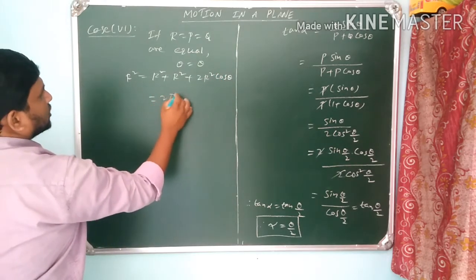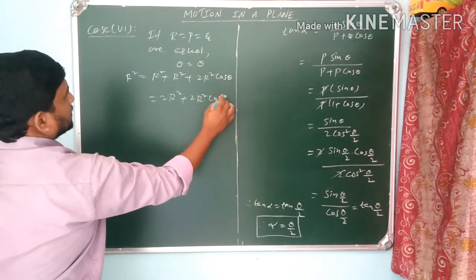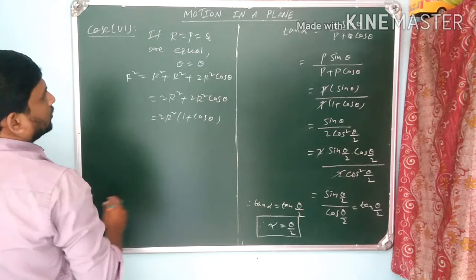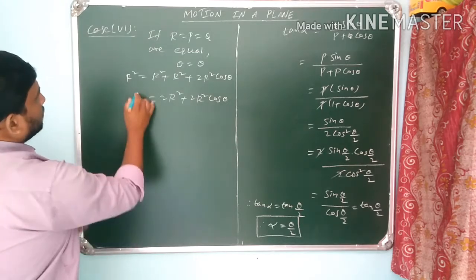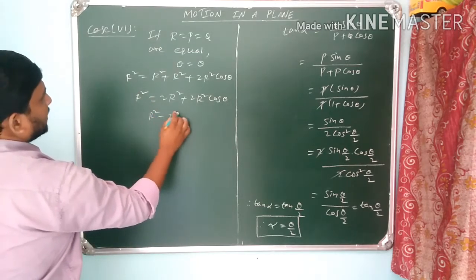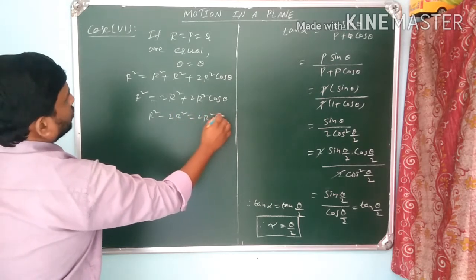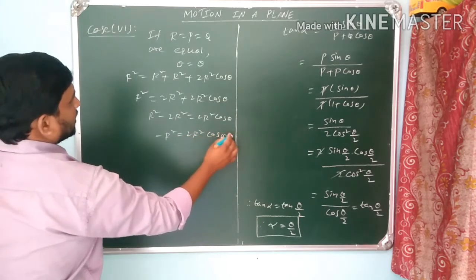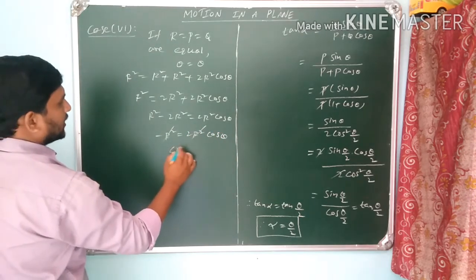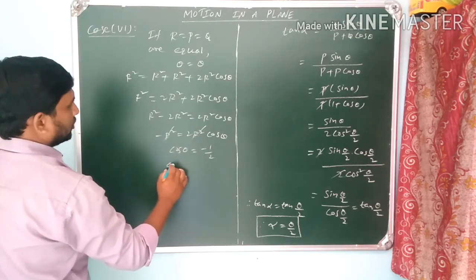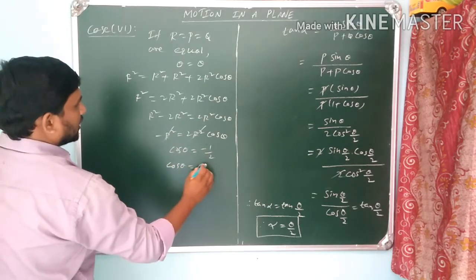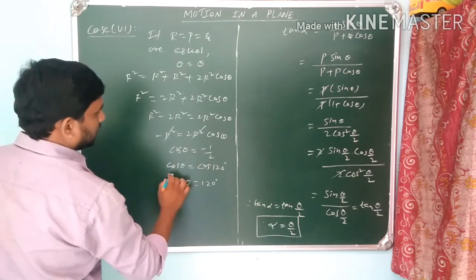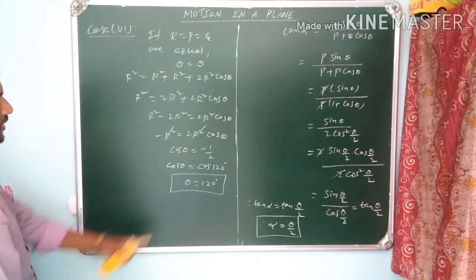We take 2R square common, we are getting 1 plus cos theta. Here, when you bring the R square to the left hand side, R square minus 2R square is equal to 2R square cos theta, minus R square is equal to 2R square cos theta. R square gets cancelled. Cos theta is equal to minus 1 by 2. It becomes minus 1 by 2, and the cos function is 120 degrees. Therefore theta is equal to how much here? 120 degrees. Okay, we are getting the theta value.